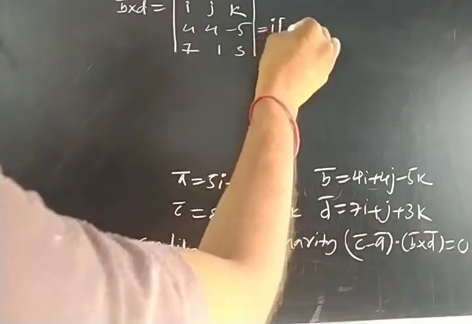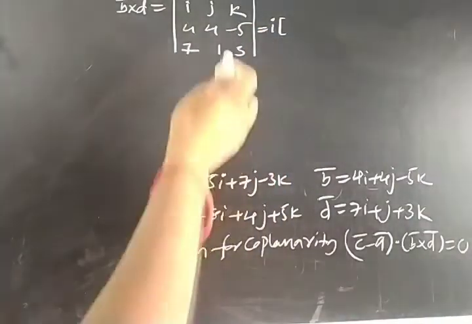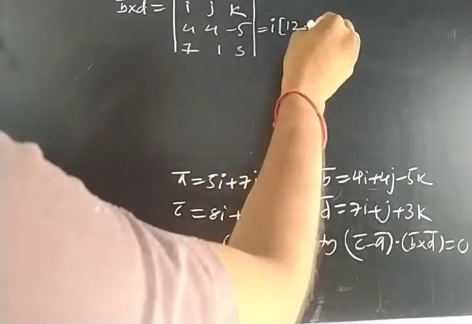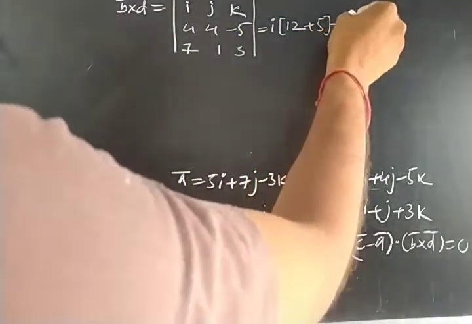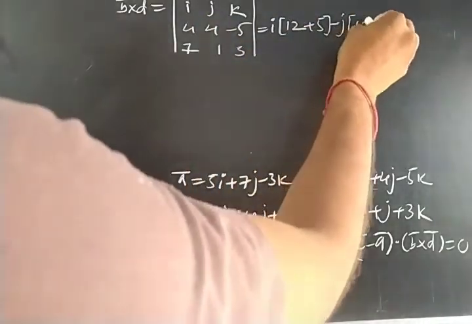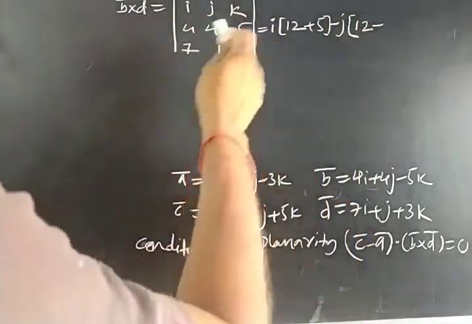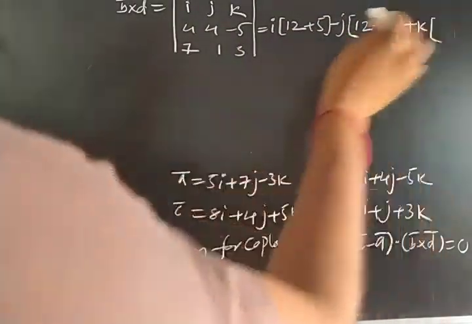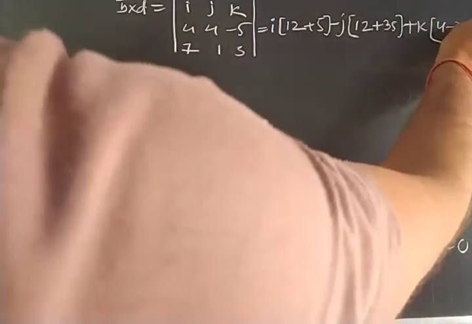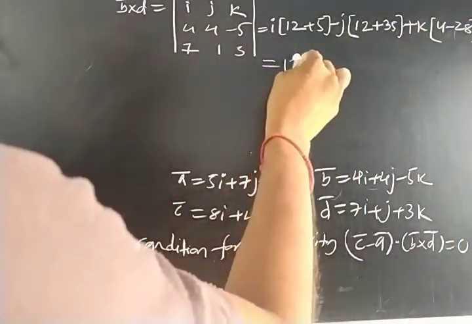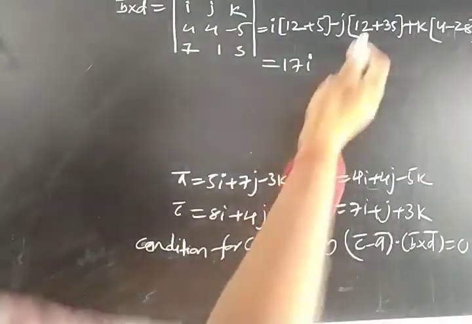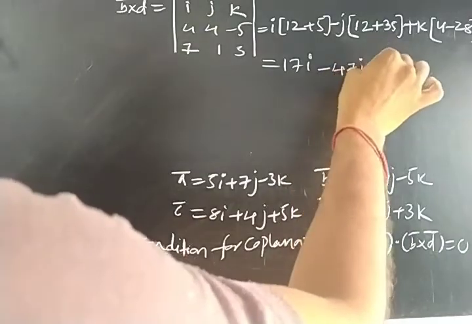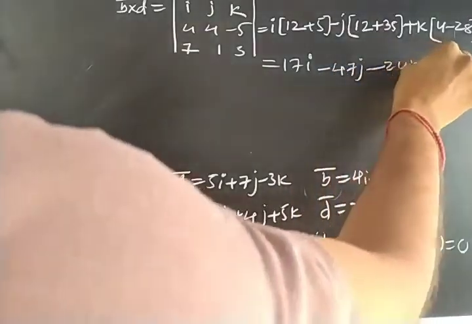Now here i into 4 3s are 12, minus 5 becomes plus 5, 17i. Minus j: 4 3s are 12, minus 5 7s are 35, plus 35, so 12 plus 35 is 47, minus 47j. Plus k: 4 minus 28, minus 24k.